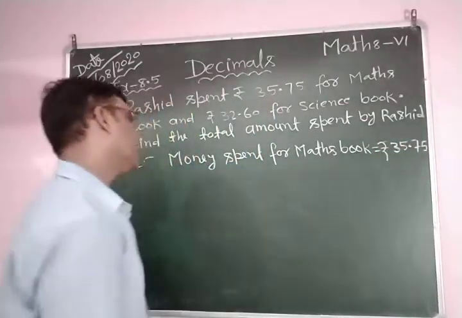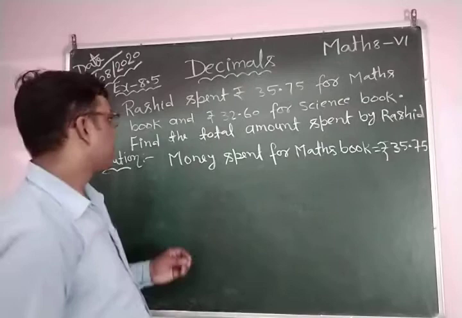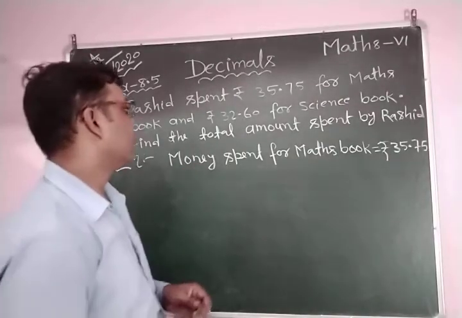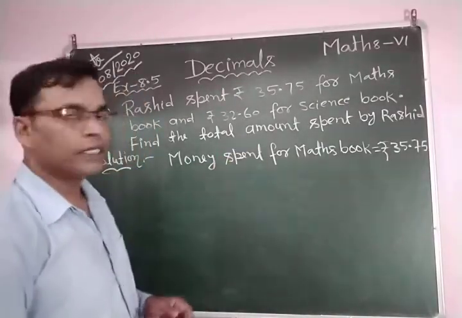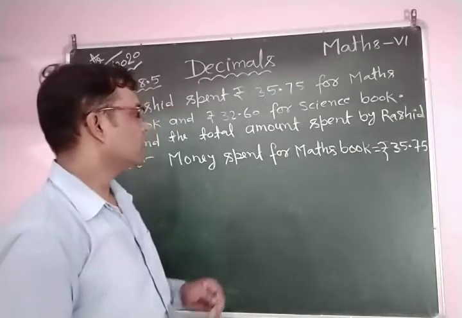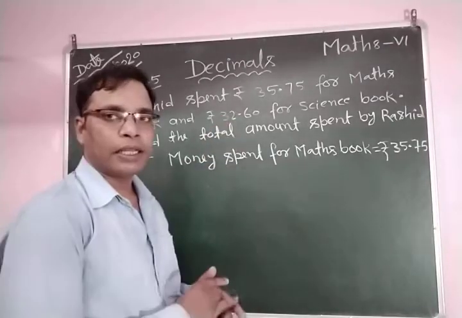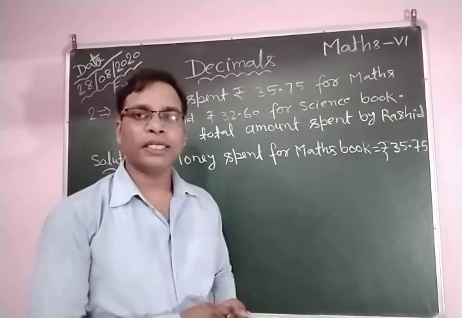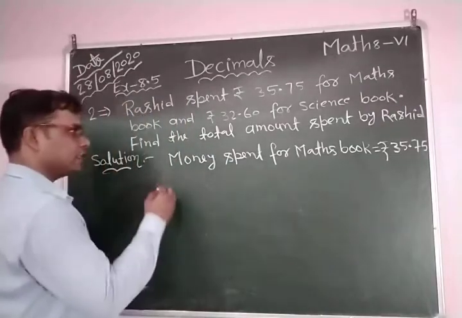Okay, now the money spent for science book. What is the money spent for science book? You can see here this is given, 32.60. So you write here money spent for science book.